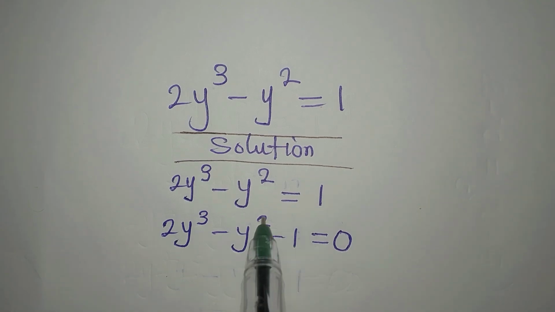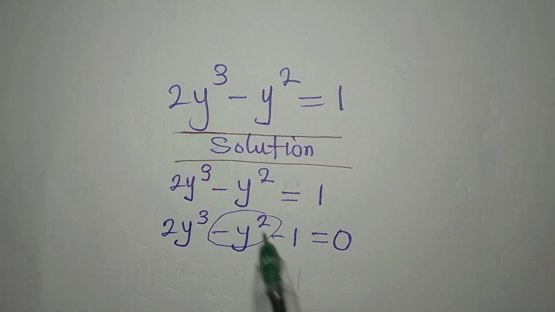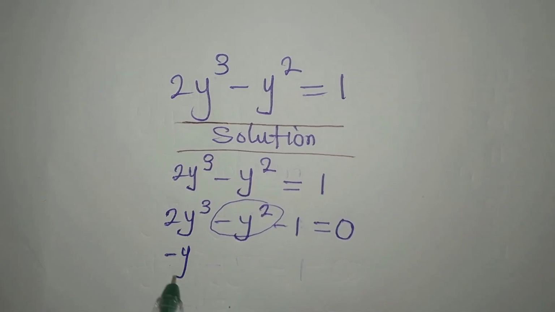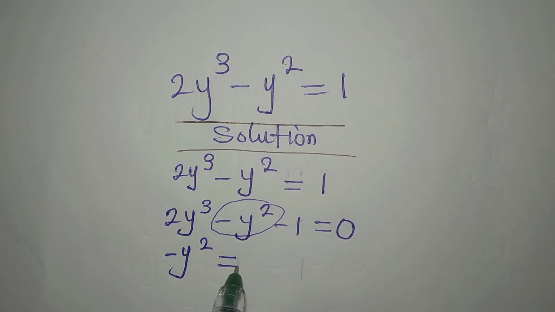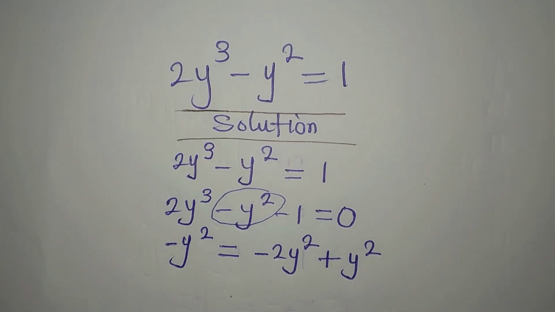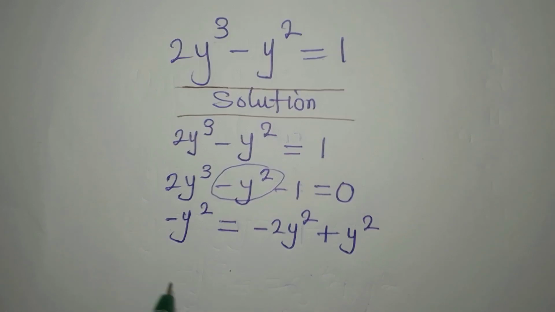The second step is to replace what we have here. But then know that minus y squared is the same thing as minus 2y squared plus y squared. So I'm going to write that in place of this.